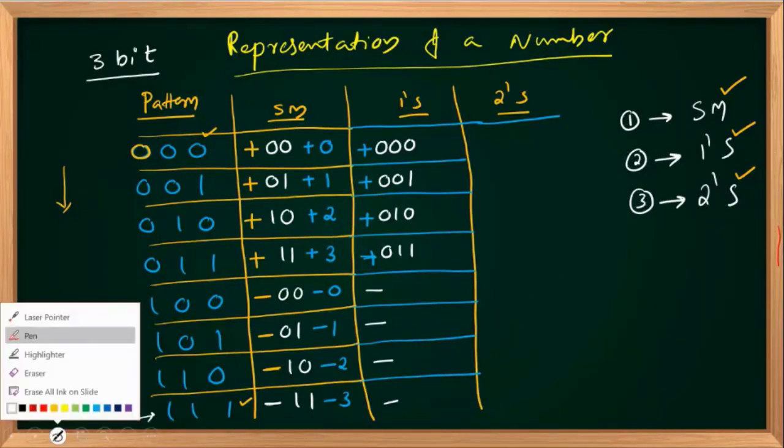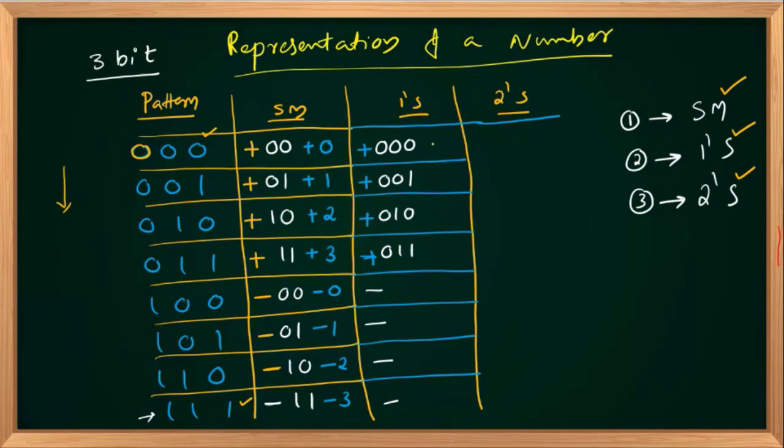If the number is positive, the same pattern is taken for obtaining its decimal equivalent. So 000 is 0 decimal, so plus 0. 001 is 1 decimal. 010 is 2 decimal. 011 is 3 decimal. If the number is negative, the MSB is 1 and the scheme used is 1's complement, then before identifying the magnitude, you should take the complement of the pattern.